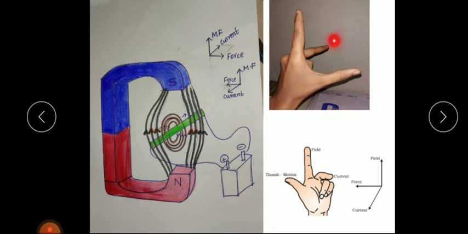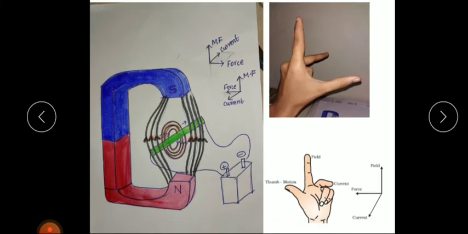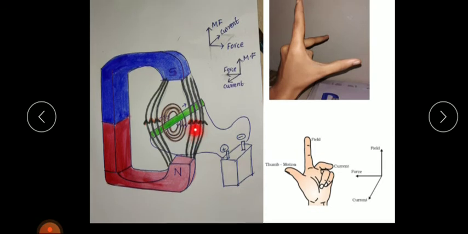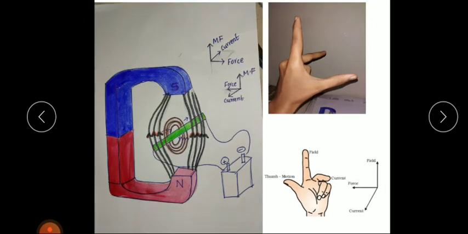So fold your left hand in such a way that the forefinger indicates the direction of the magnetic field, your thumb indicates the direction of force, and the middle finger indicates the current. So if you fold your forefinger along this direction and your middle finger along this direction, then your thumb will point in this direction, and in this direction this copper wire will experience a force.